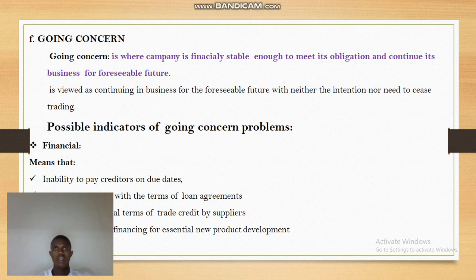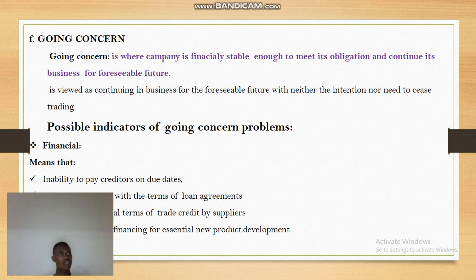But sometimes there are indicators that show there is a going concern problem, where the organization cannot work for long.